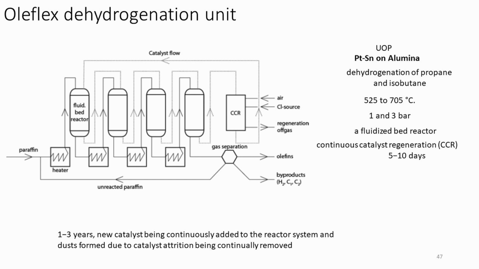The regenerated catalyst is then reintroduced to the first reactor, completing the entire cycle every 5–10 days. Product recovery is done by cooling, compressing, and drying the reactor effluent, with hydrogen being cryogenically separated from the hydrocarbons.